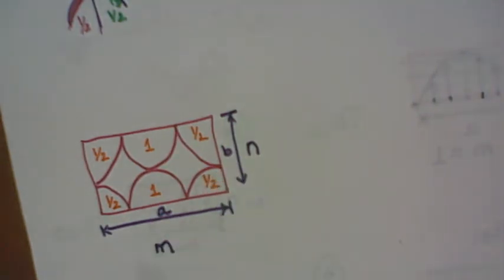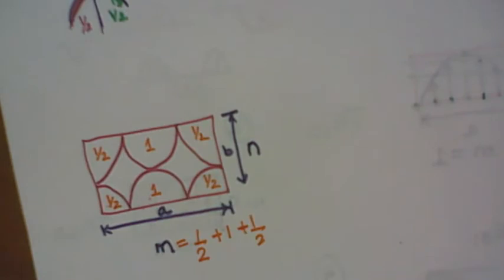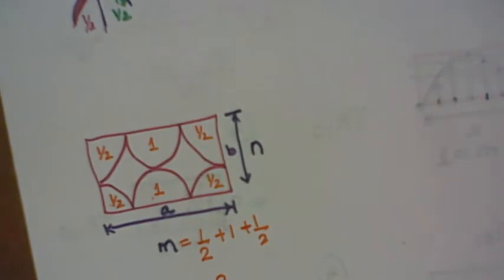So over here, if I calculate about m, what I am finding out: m, half plus 1 plus half. So what is the value equal to? That value is equal to 2. So m is equal to 2 over here.